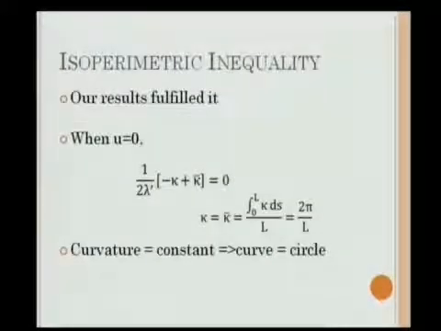During the deformation process, the perimeter of the curve is decreasing until it reaches an intermediate state, in which the perimeter will be the smallest. u equals 0 when the curve reaches the intermediate state. At the same time, curvature equals a constant, which implies that the curve becomes a circle, echoing the isoperimetric inequality.